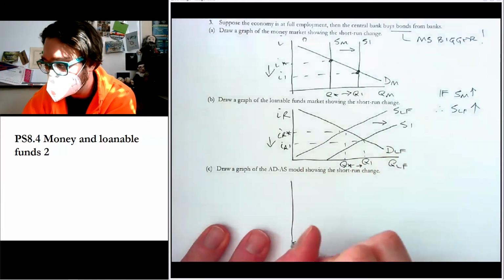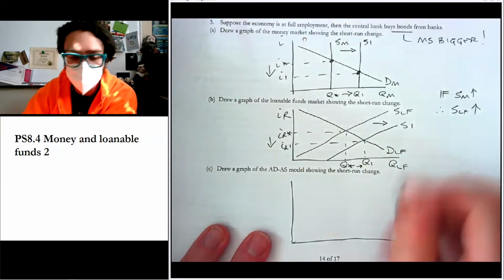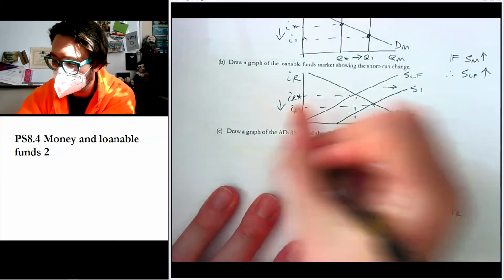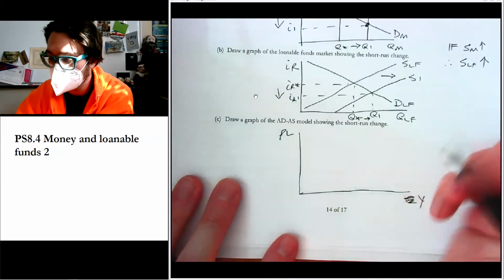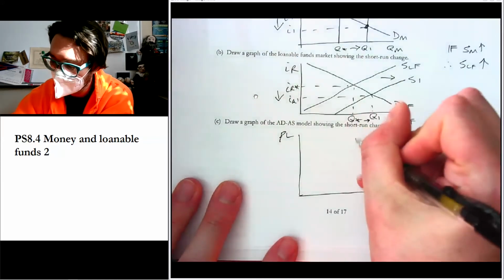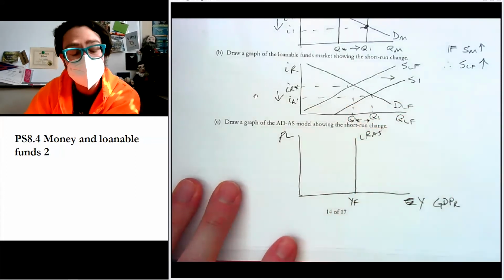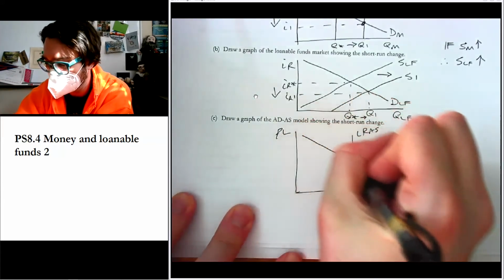Now it's going to say AD-AS. I almost wrote quantity, but it's just Y, or you could say real GDP. Some of you are doing that, and that's fine. We start in equilibrium, and it tells us that at the beginning of this problem. So we draw LRAS at Yf, and if we're in equilibrium, it's crossing right at that full employment level of output.